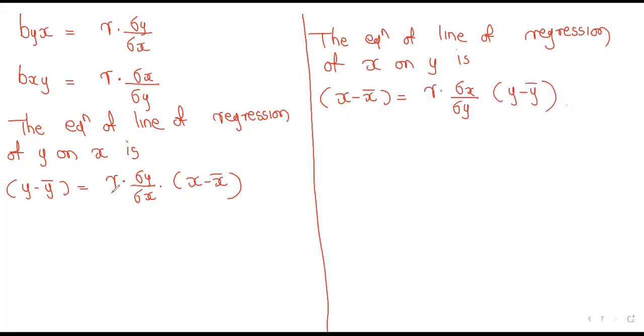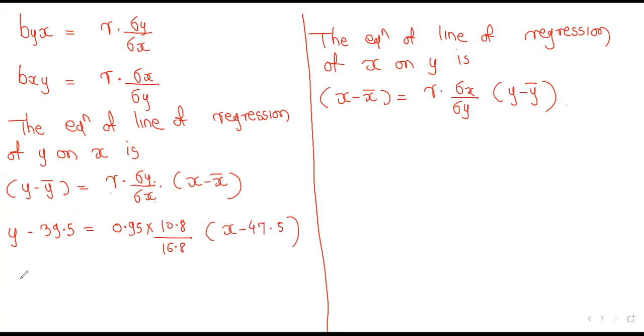Now here the value of r is given, sigma y is given, sigma x is given, all the values are given, we just have to put them here. So y minus y bar, which is 39.5, is equal to r is 0.95 into sigma y is 10.8 divided by sigma x is 16.8 and x minus x bar is 47.5.